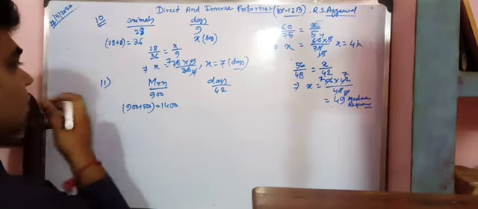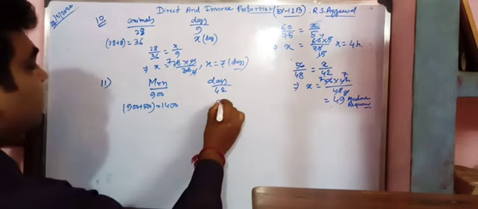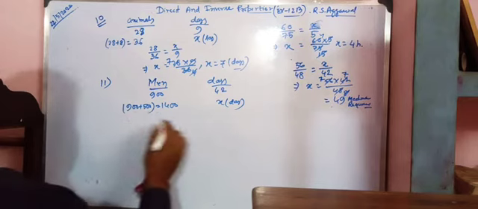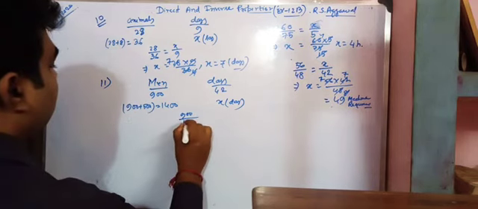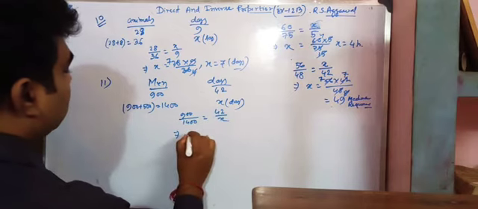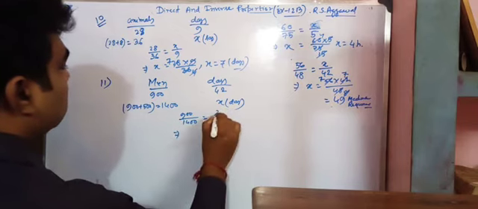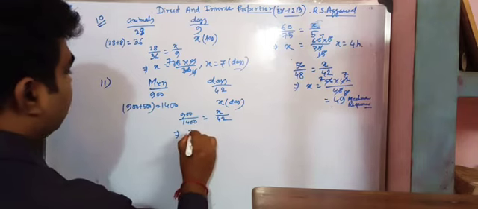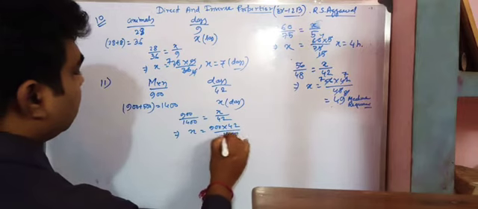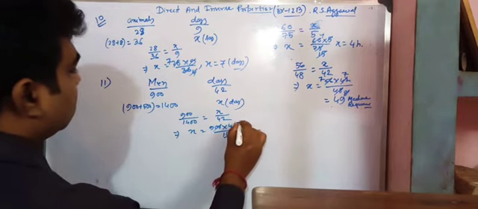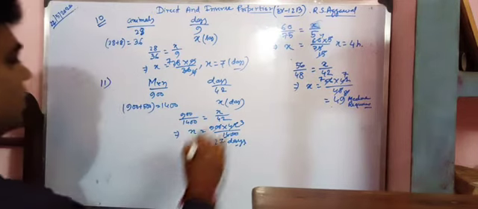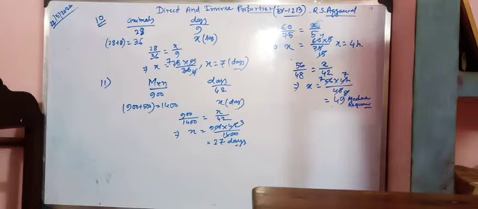So we take this as x days. Again, 900 by 1400 is equal to x by 42. So x is equal to 900 into 42 by 1400. So 27 days would be my answer.